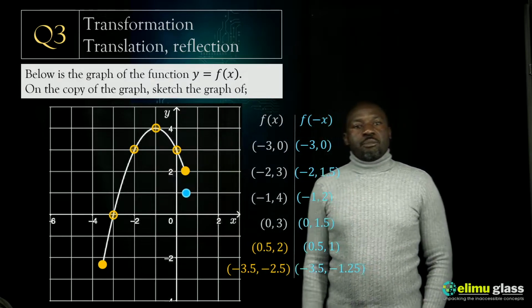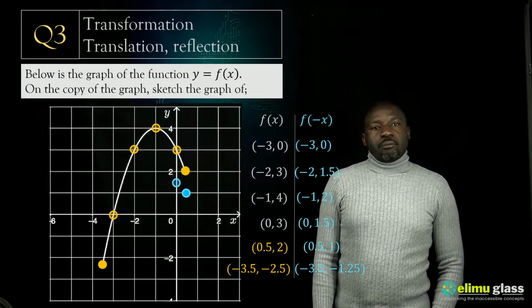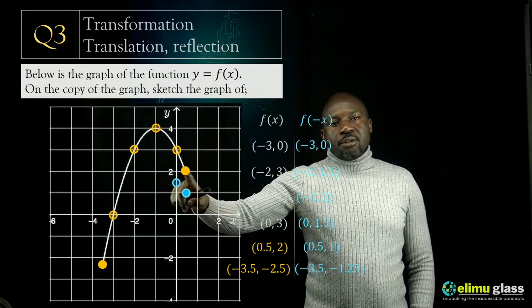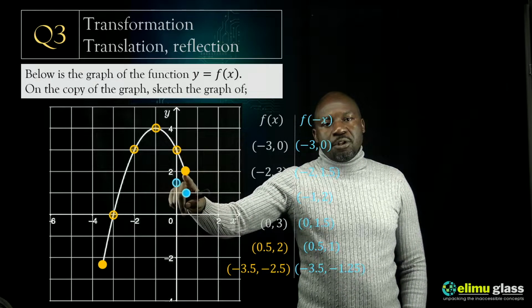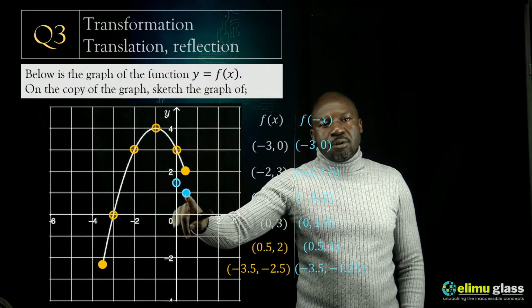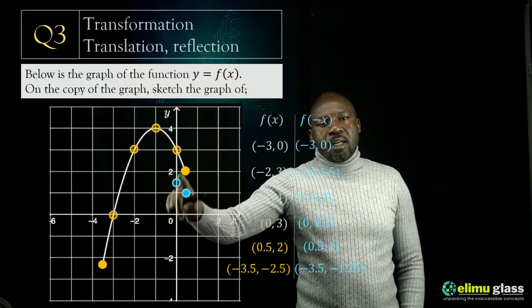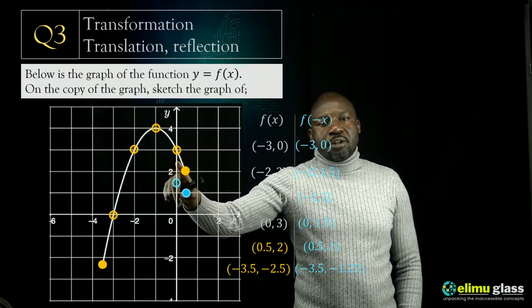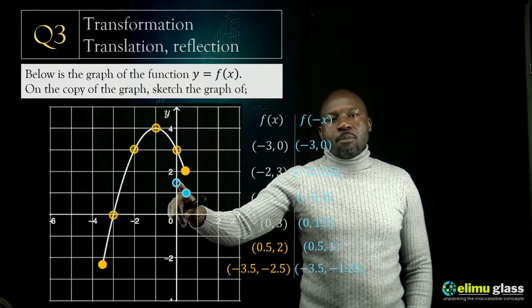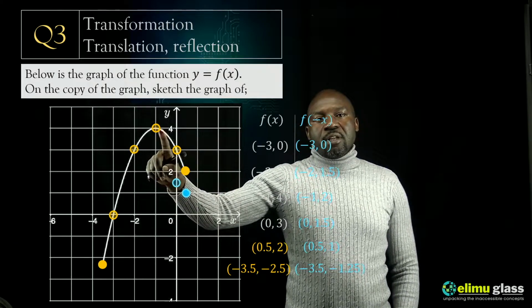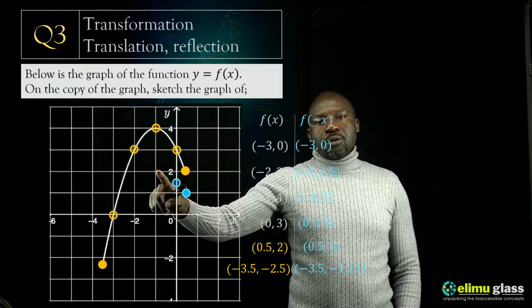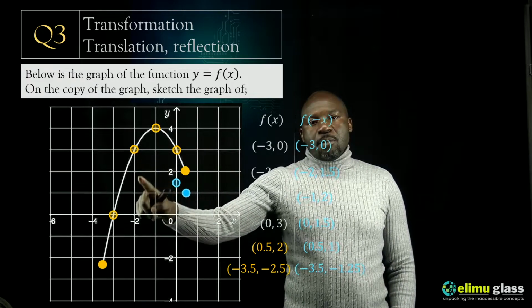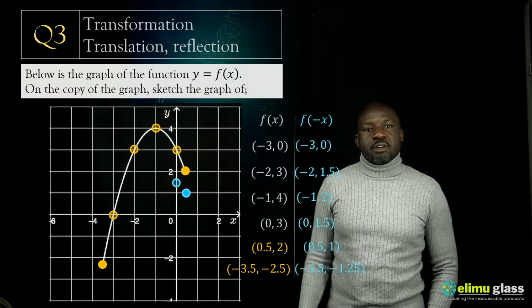If we plot those points in blue, every point goes down. The y value here was 2, so it drops down to 1. The y value here was 3, so it drops down to 1.5. The y value here is 4, so we expect it to drop down to 2. So every point drops to half its original value.